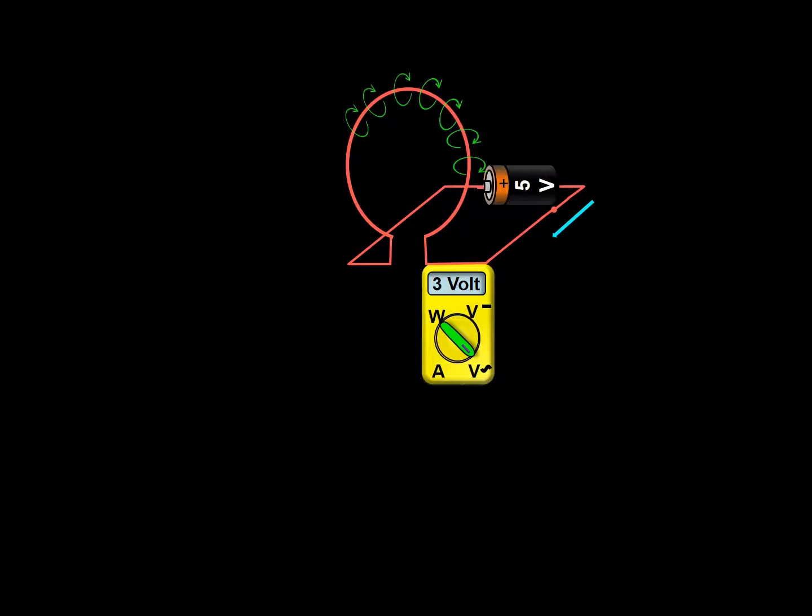I have represented the magnetic force as arching green arrows around the circular segment of the wire. The direction of the vector of the magnetic force is governed by the right-hand rule, the one we alluded to a little bit earlier.